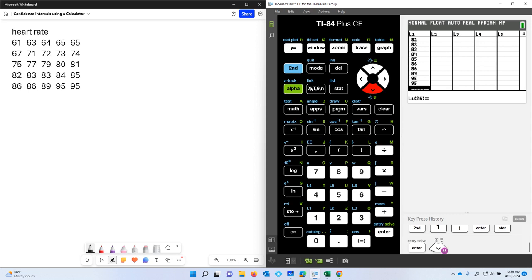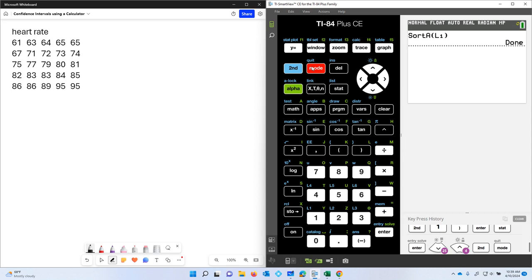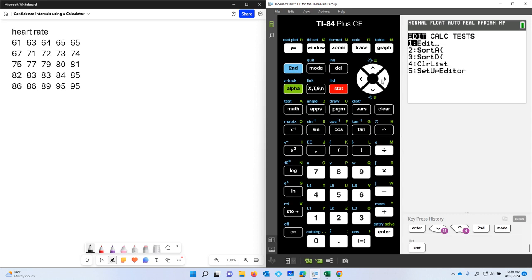Okay, so once the data has been introduced, we could do several things at this point, like if we wanted to conduct a 90% confidence interval. But let's say that you needed to find the statistics. Well, you already know that you can find the statistics by using one variable stats.